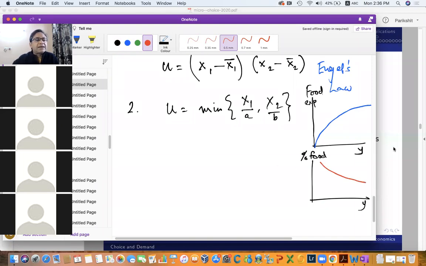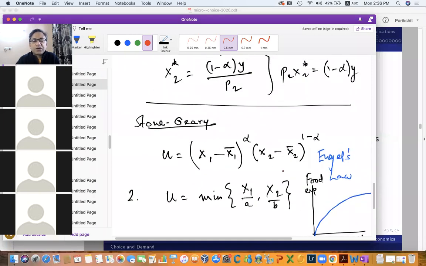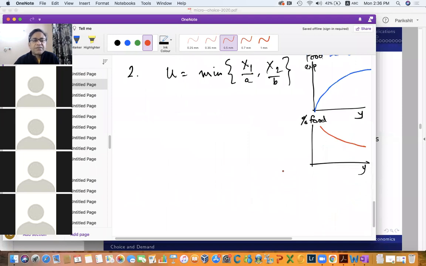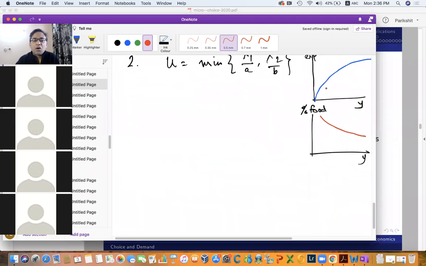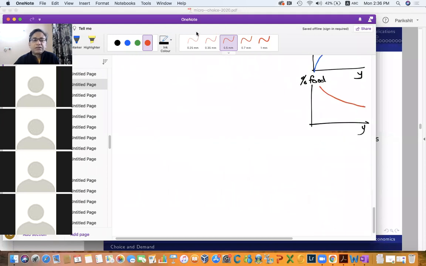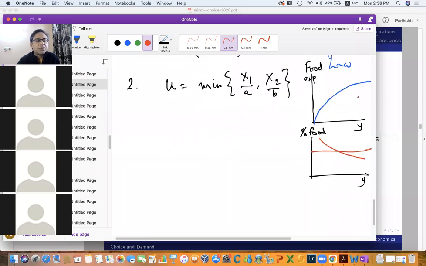This is called Engel's Law, and if you look at the data, it almost universally holds in every country. So when you have the Stone-Geary form, it gives you Engel's Law in a crude way. For the Cobb-Douglas, the graph will just look flat, as we derived. For the Stone-Geary, it's not quite so.